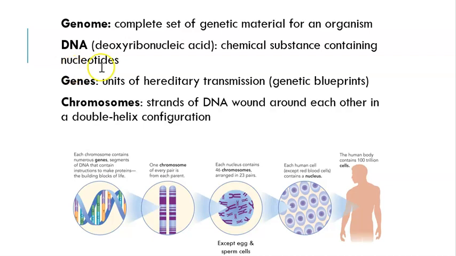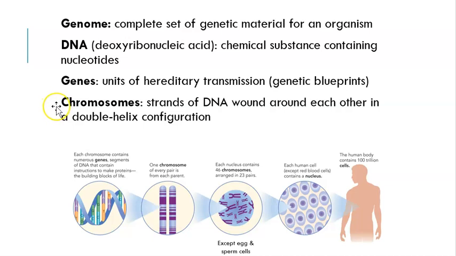You don't need to know what nucleotides is, but just know genomes are made up of DNA. And then within DNA are genes. So genes are a section of DNA that's used for hereditary transmission. In other words, genes are the things that are passed from one parent to their offspring.